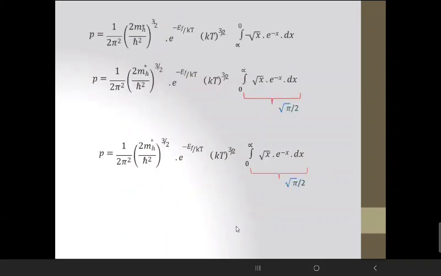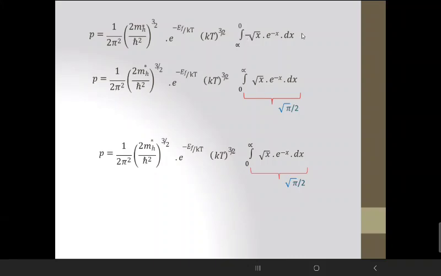Our standard integral is 0 to infinity root of x exponential of minus x dx. But here the limit is infinity to 0, minus root of x exponential of minus x dx. So if you want to change the limit, you have to multiply by minus.